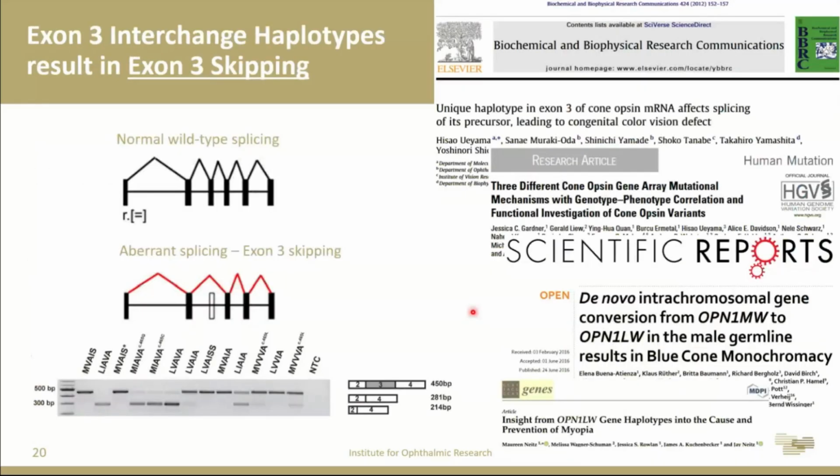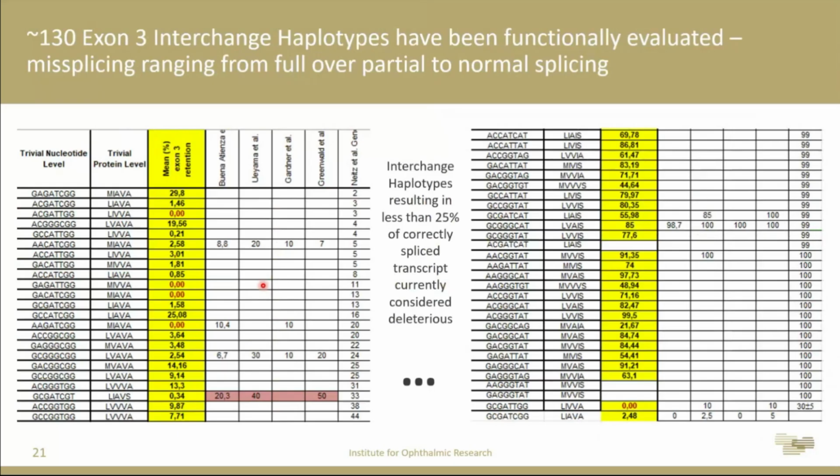And it was only in 2012 that Yzer and Uyama and co-workers suggested and proved that these exon 3 interchange haplotypes actually result in exon 3 skipping, resulting in complete loss of functional opsin if such deleterious exon 3 interchange haplotypes are present. And by now, about 130 of such exon 3 interchange haplotypes have been functionally characterized.